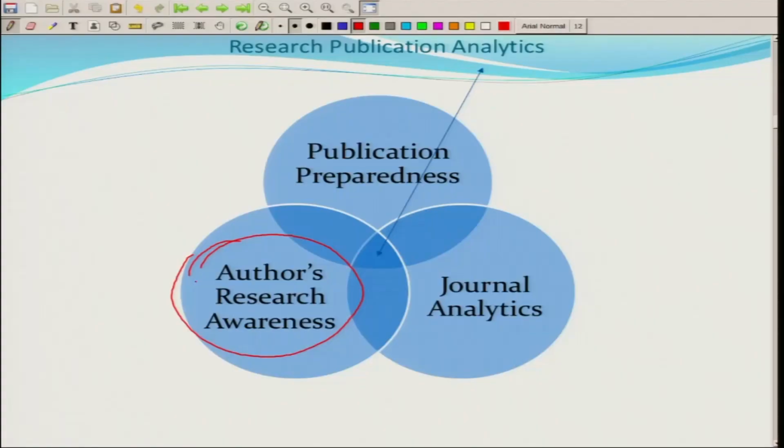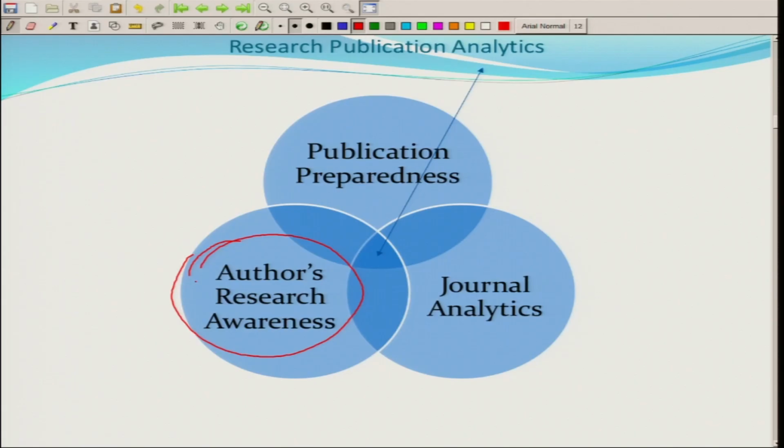We also used the JGate service, and we also used the Directory of Open Access Journals. So these are the services, the online tools, the online methods by which an author has to make himself or herself aware, because present-day research demands that one use online resources.